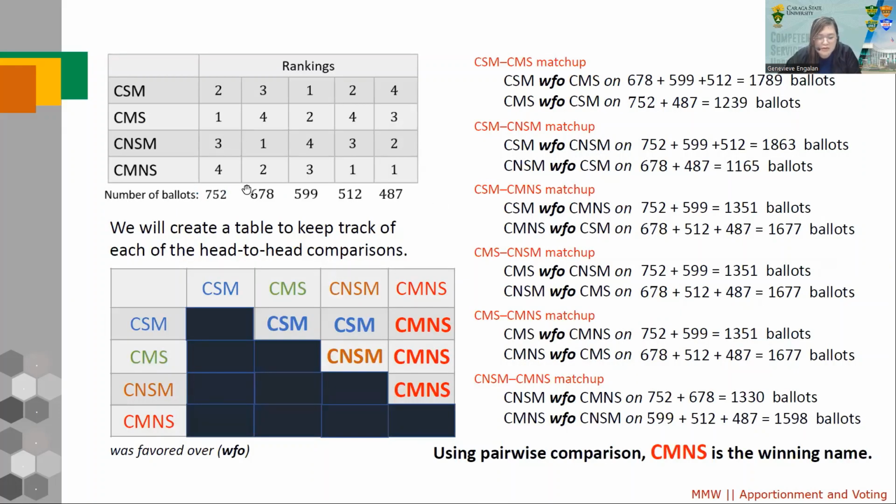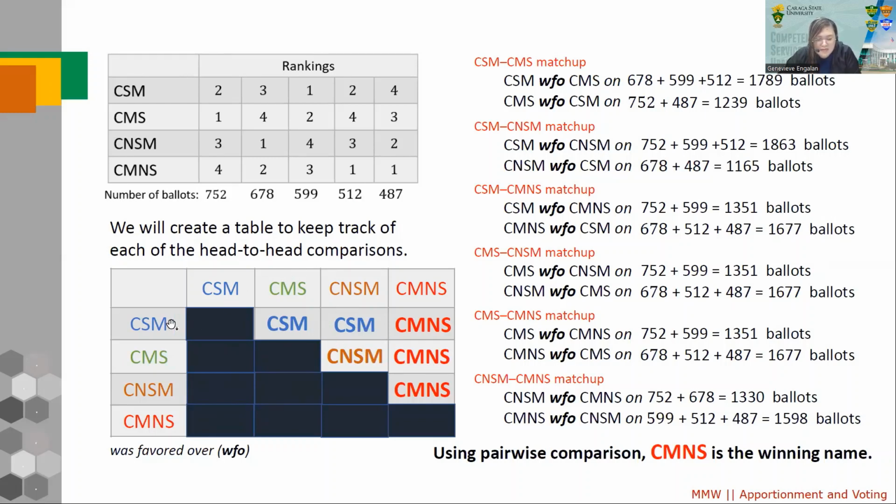So we will take a table to keep track of each head-to-head comparison. So we pair them up: CSM, CMS, CNSM, and CMNS. This is blocked because CSM versus CSM is itself, and CSM versus CMS is the same as CMS versus CSM, so we only do one of them.